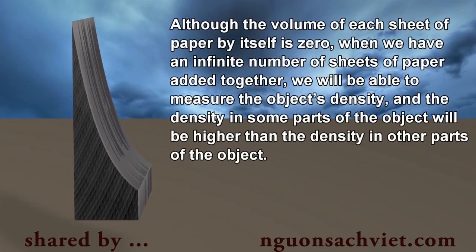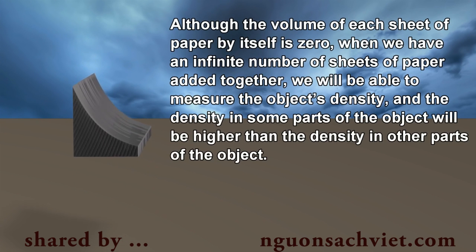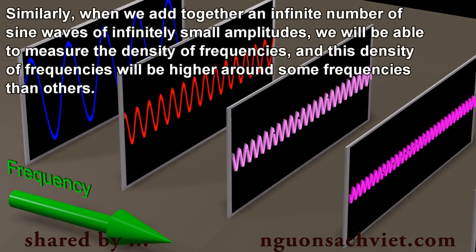Although the volume of each sheet of paper by itself is zero, when we have an infinite number of sheets of paper added together, we will be able to measure the object's density, and the density in some parts of the object will be higher than the density in other parts of the object. Similarly, when we add together an infinite number of sine waves of infinitely small amplitudes, we will be able to measure the density of frequencies.